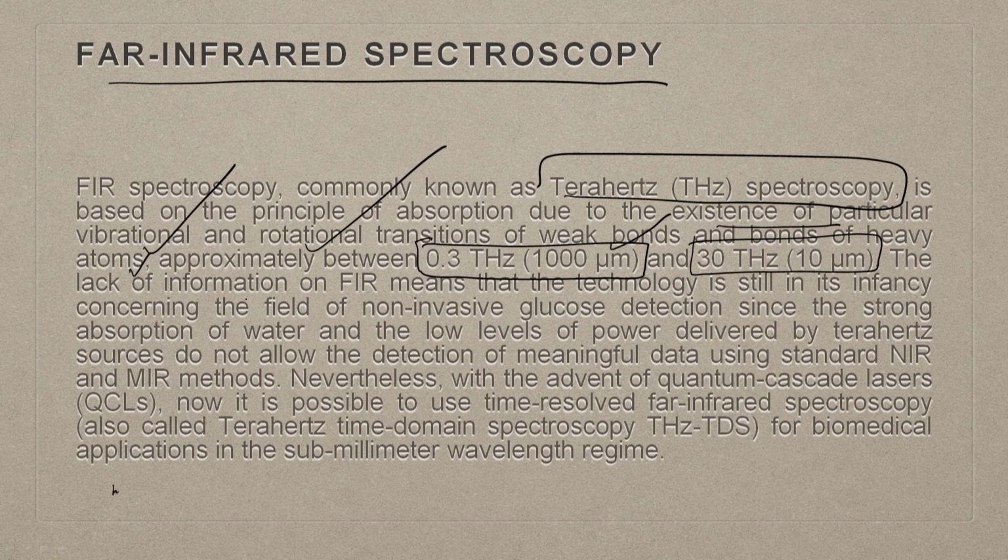The lack of information on FIR, or far infrared, means that the technology is still in its infancy concerning the field of non-invasive glucose detection, as I was mentioning. The strong absorption of water and the low level of power delivered by terahertz sources do not allow detection of meaningful data using standard NIR and MIR methods.